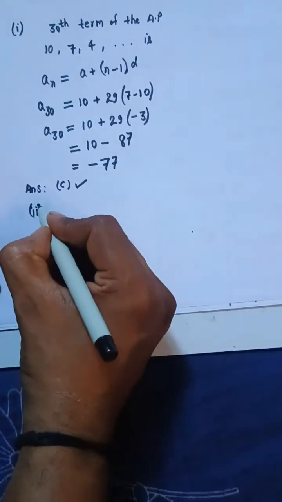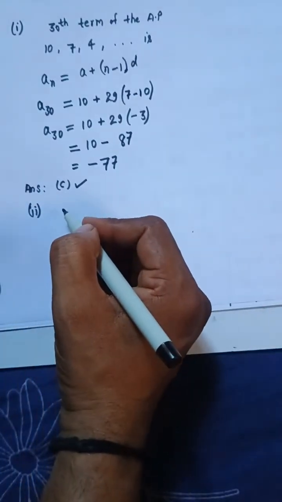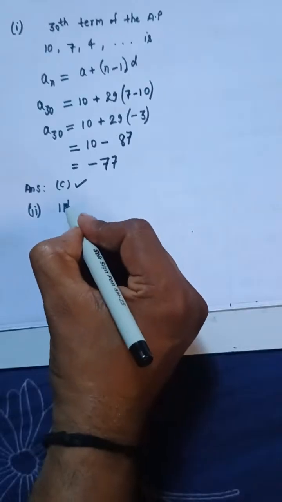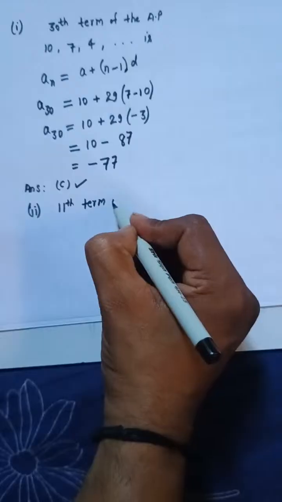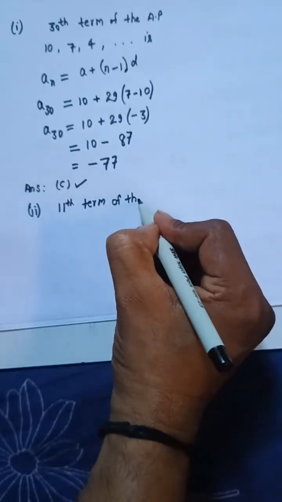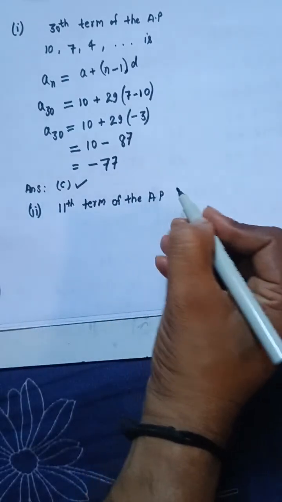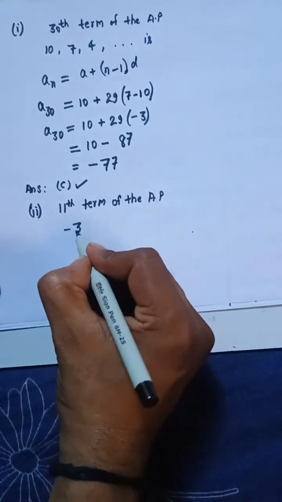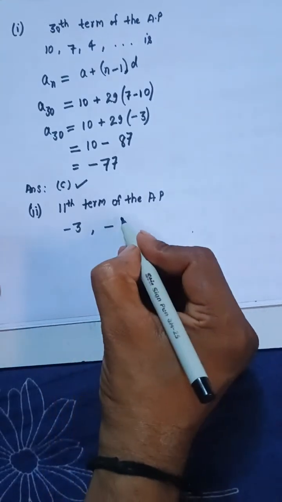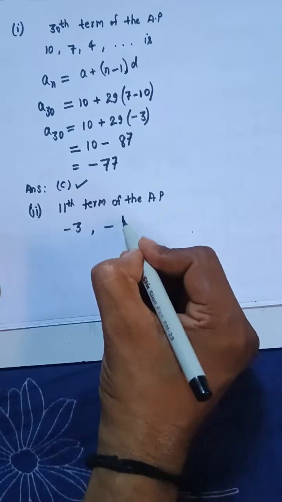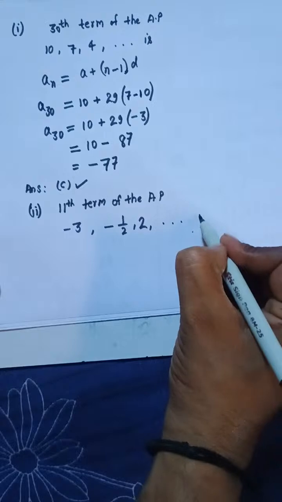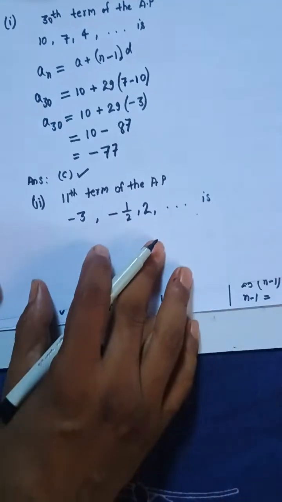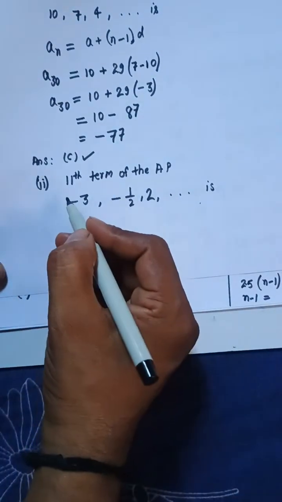Okay, yeah. Now we'll move to the next question, the 11th term of the AP. So to find the 11th term of the AP we will apply the same formula again. Here we have this AP: -3, -1/2, 2, and so on. So here we have to find the 11th term.